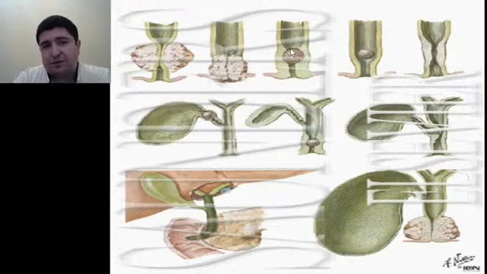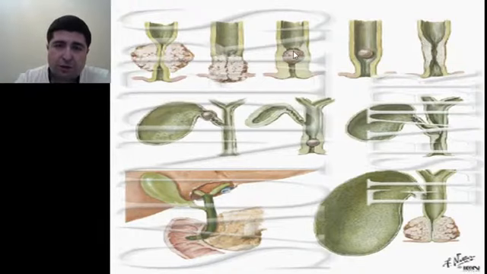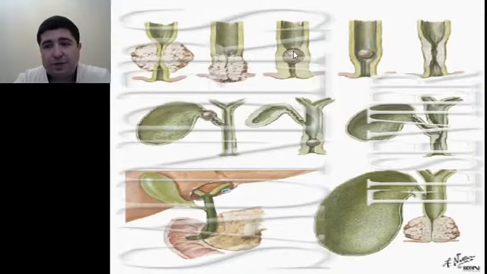Next one is the presence of a stone inside of the common bile duct with inflammation around. Inflammation also can give mechanical jaundice, but inflammation is a secondary problem, a secondary disease. Inflammation every time begins from some cause. Here it's a stone.